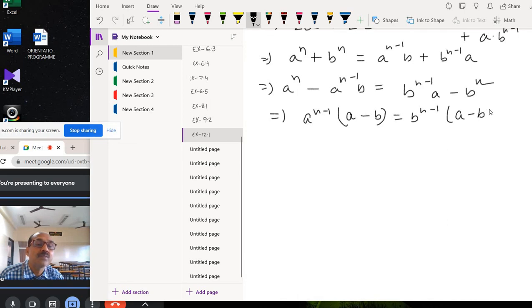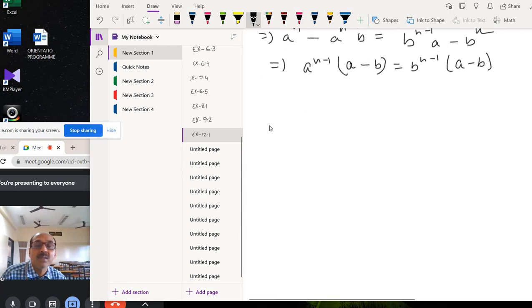Now from both sides, a minus b cancels. So a to the power n minus 1 equals b to the power n minus 1.